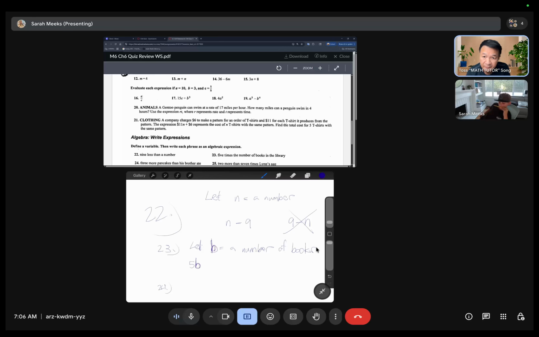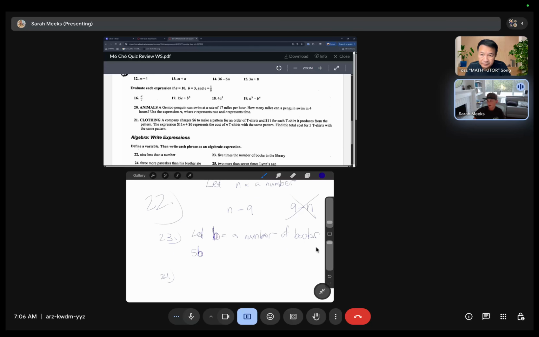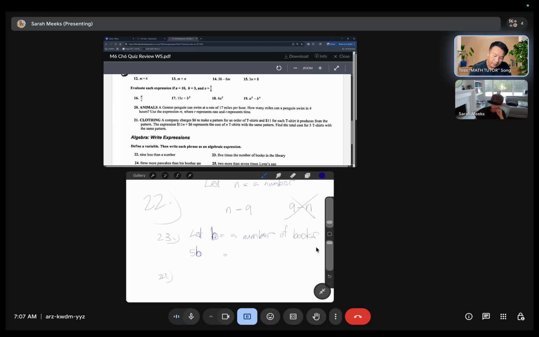Good job. Why didn't you put B times 5? You can. Yes, you absolutely can do that. But it's more common, more standard, to write the number in front of the variable. You'll see it later on, but your teacher will accept that.